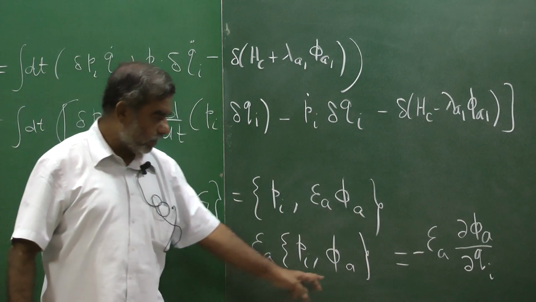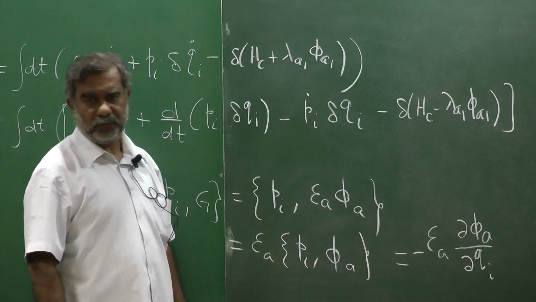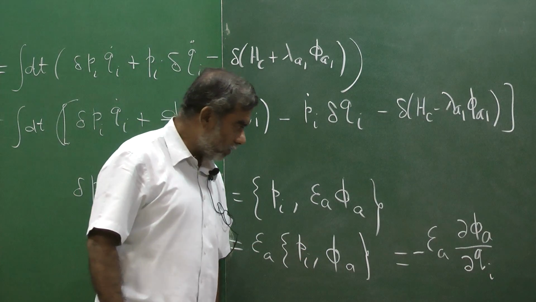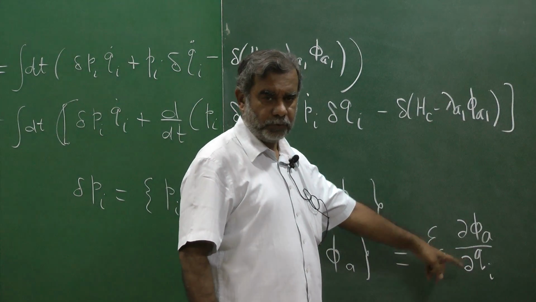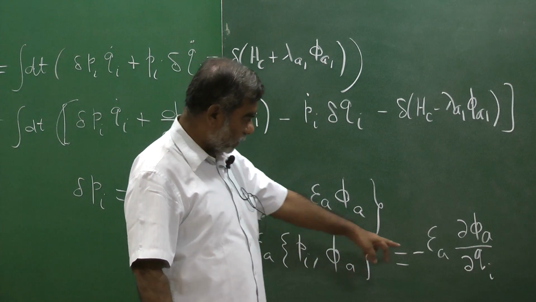So I hope you understand this last line. The constraint is just a function of the phase space variables Q and P, and bracketing basically means you're taking a partial derivative with respect to Q, and because the bracket of P with Q is minus 1, the minus sign comes here.